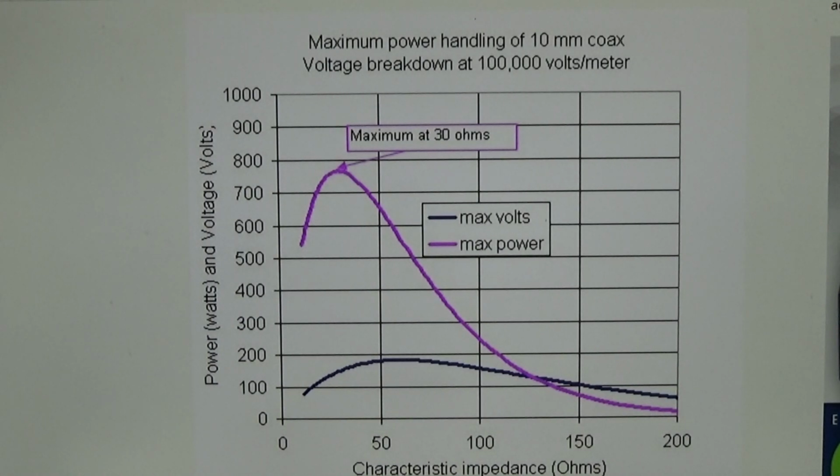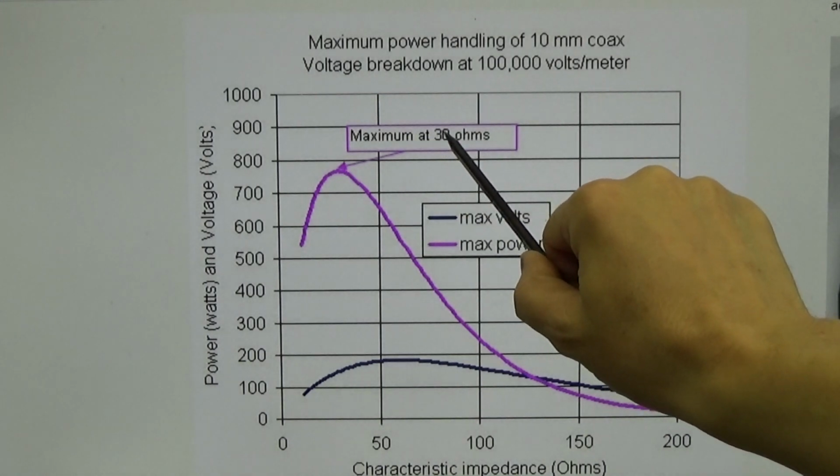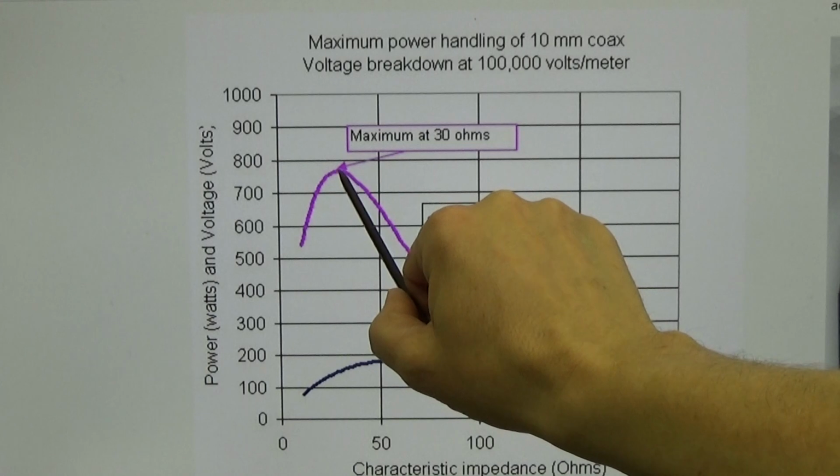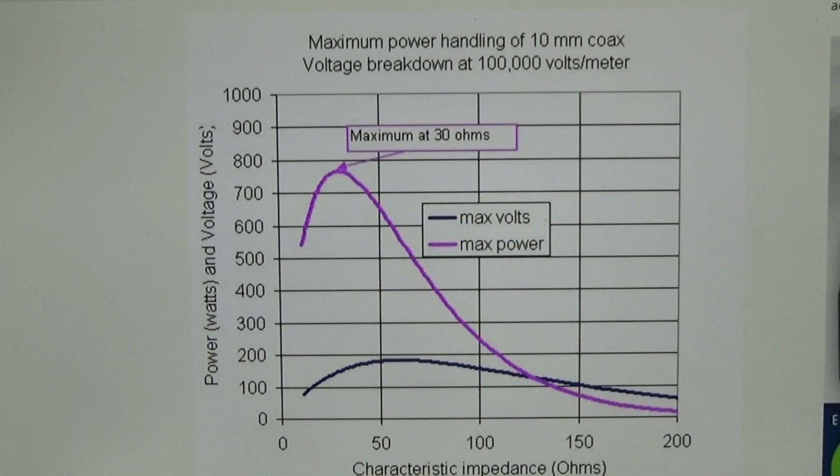Alright, so if 75 ohm is so brilliant, why don't we use it with our radios? Now our transmitter comes into consideration. What you can see here is the maximum power handling of a coax cable. And what you simply see is that with a 30 ohm coax cable we would be able to handle the highest power until we have a voltage breakdown.